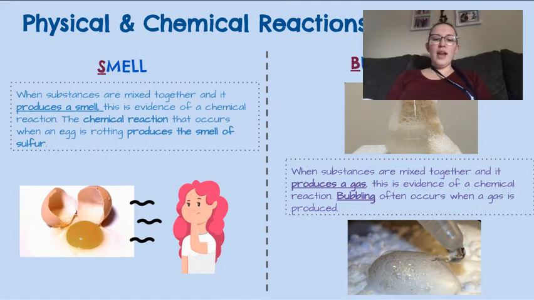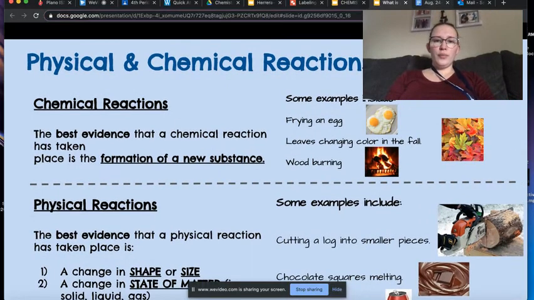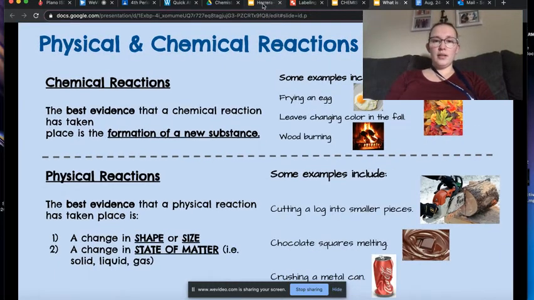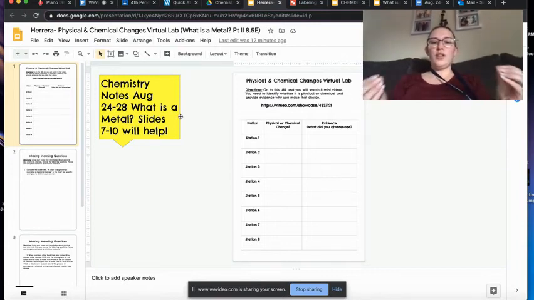So now that we have gone through our physical and chemical changes, your assignment is this. You are going to do a physical and chemical changes virtual lab, okay? Use your notes. I provided notes. They say August 24th through 28th.